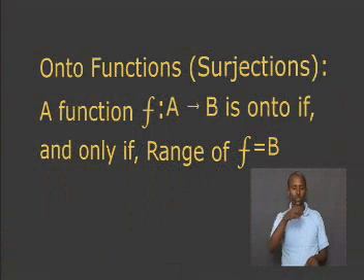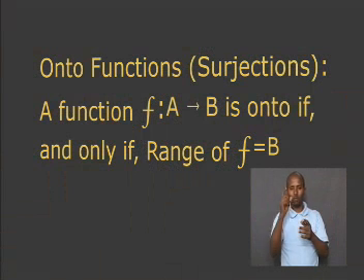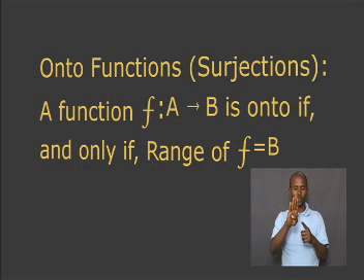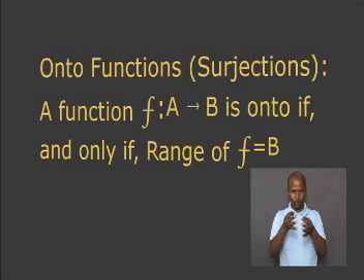Now, let us learn about onto functions, also called surjections. A function f from A to B is onto if and only if the range of f equals B.